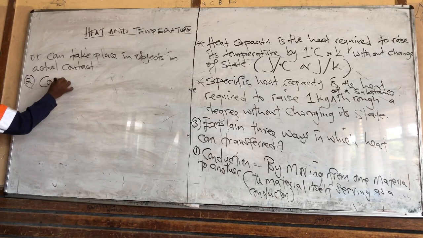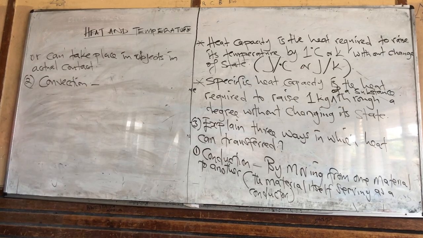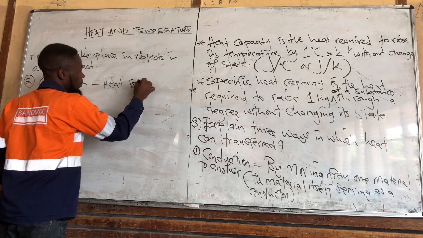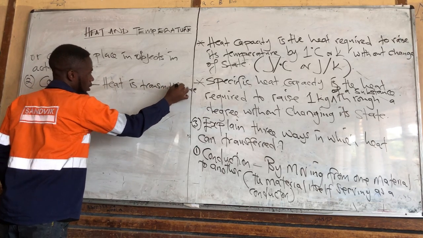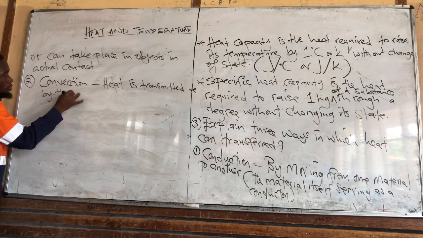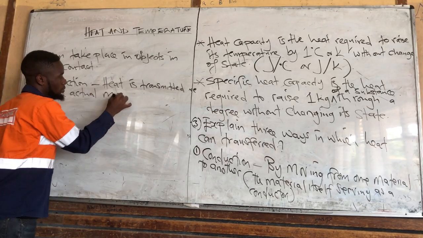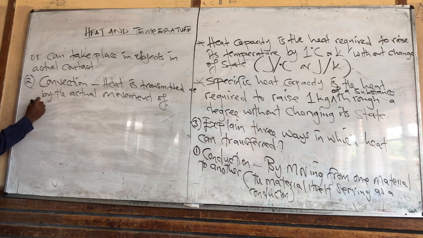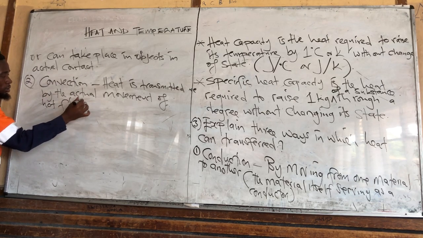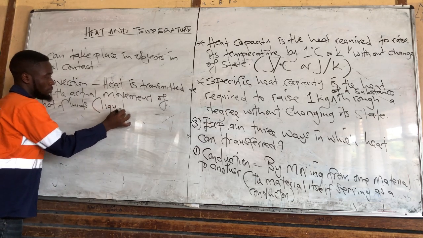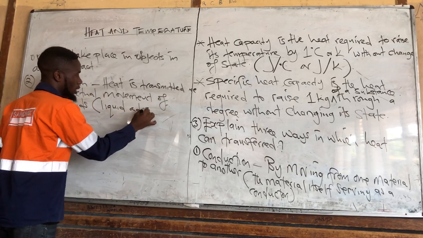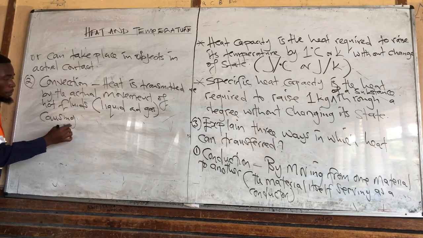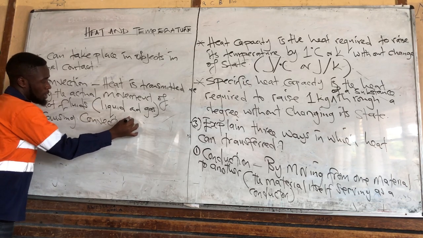Let's talk about convection. How is heat transferred by convection? So here heat is transmitted by the actual movement of hot fluids, let's say liquid or gas, causing convectional currents.